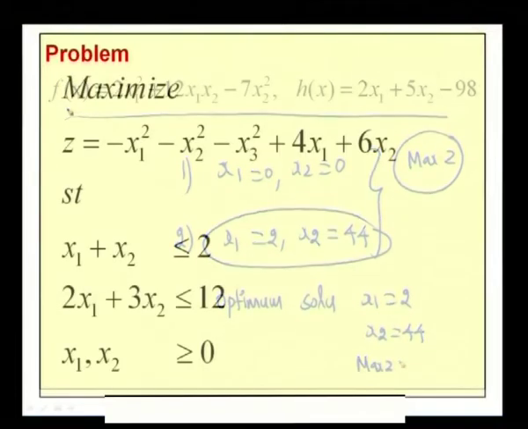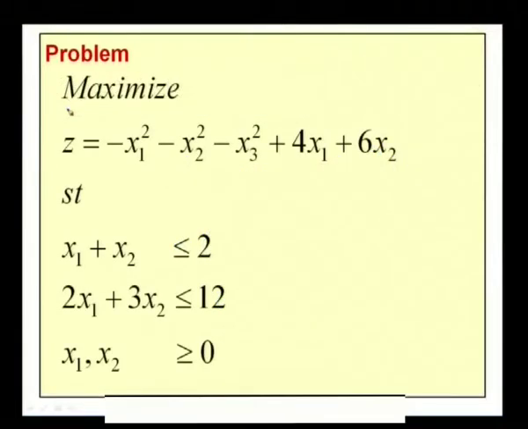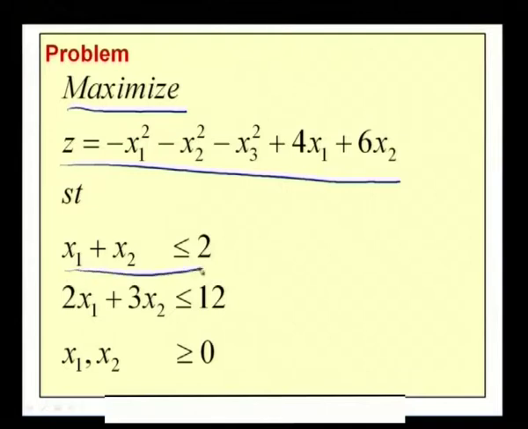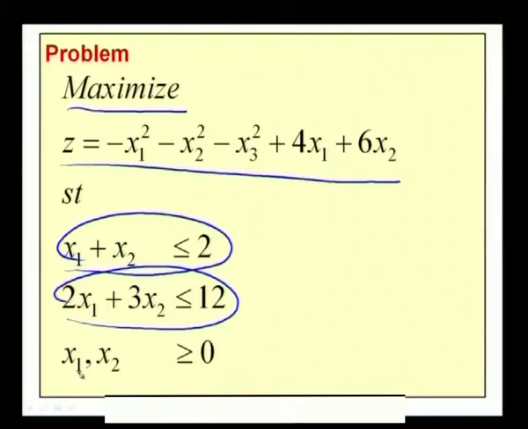4900. The next problem is an NLPP involving more than one constraint, exactly two constraints. The problem is maximize z equal to minus x1 squared minus x2 squared minus x3 squared plus 4x1 plus 6x2 subject to the constraints x1 plus x2 less than or equal to 2 and 2x1 plus 3x2 less than or equal to 12, x1 and x2 both non-negative.